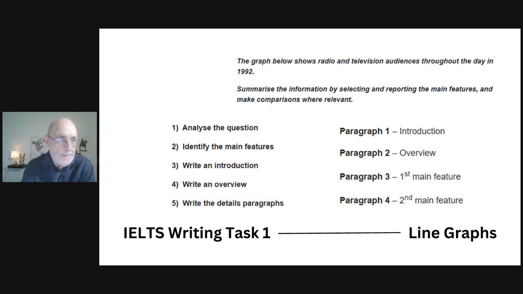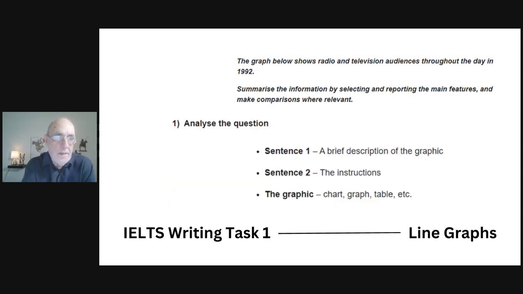So our essay is only going to have 4 paragraphs. In paragraph 1, we'll have our introduction. In paragraph 2, we'll give our overview. In paragraph 3, we'll deal with the first main feature. And in paragraph 4, we'll deal with the second main feature and make any comparisons and talk about the trends as necessary.